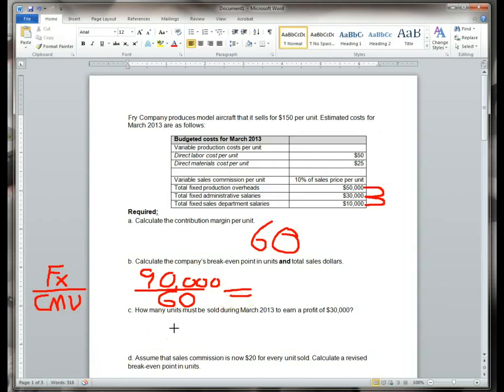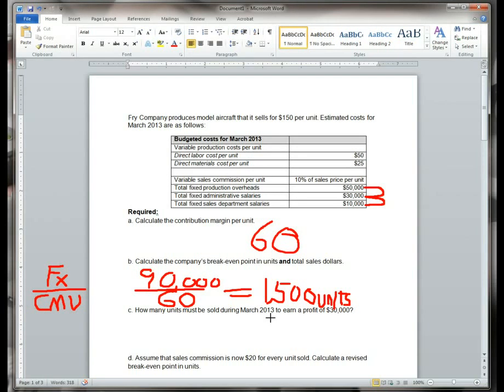I'm going to pull out my old calculator, and I get 1,500 units. Now, like I said, I have a free calculator, so I'm going to make sure I did that right. 90,000 divided by 60 is 1,500 units. Okay, I got the right number. Yay. And you want to label that units.